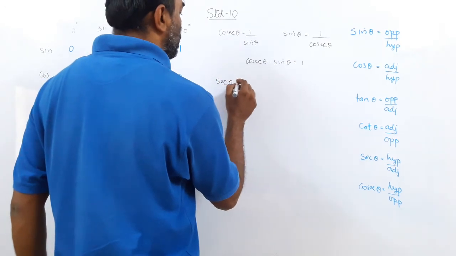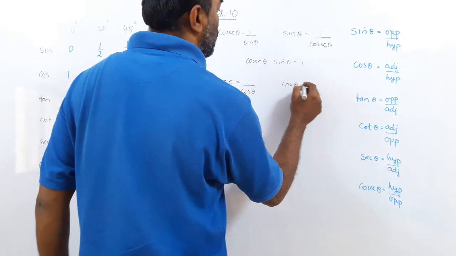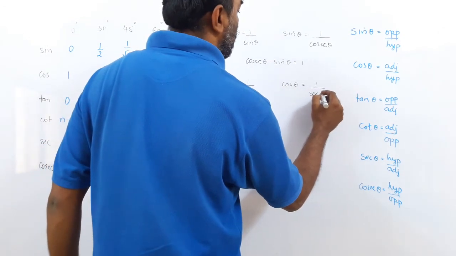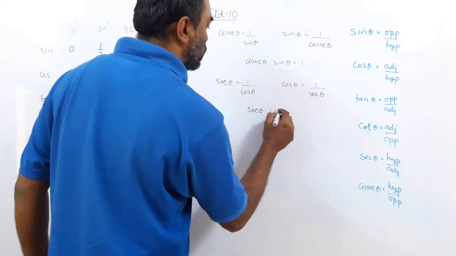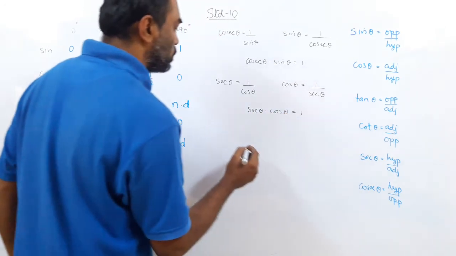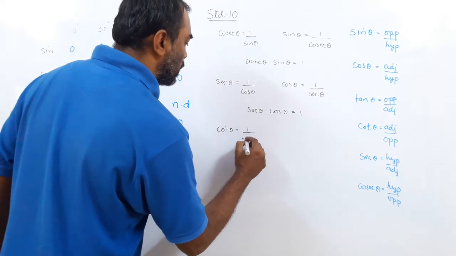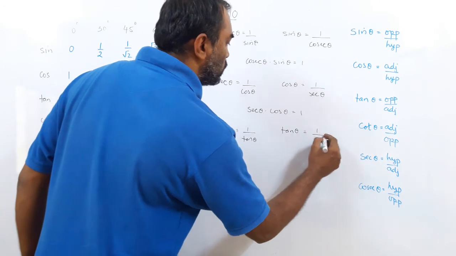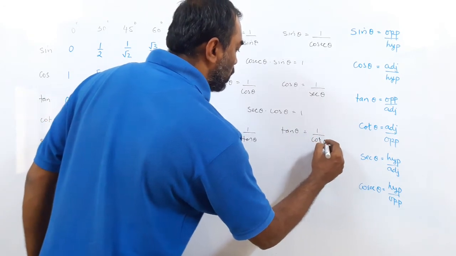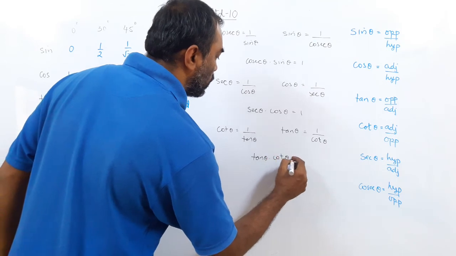Similarly, sec theta equals 1 upon cos theta, or cos theta equals 1 upon sec theta, or sec theta into cos theta equals 1. Also, cot theta is 1 upon tan theta, or tan theta is 1 upon cot theta, or tan theta into cot theta equals 1.